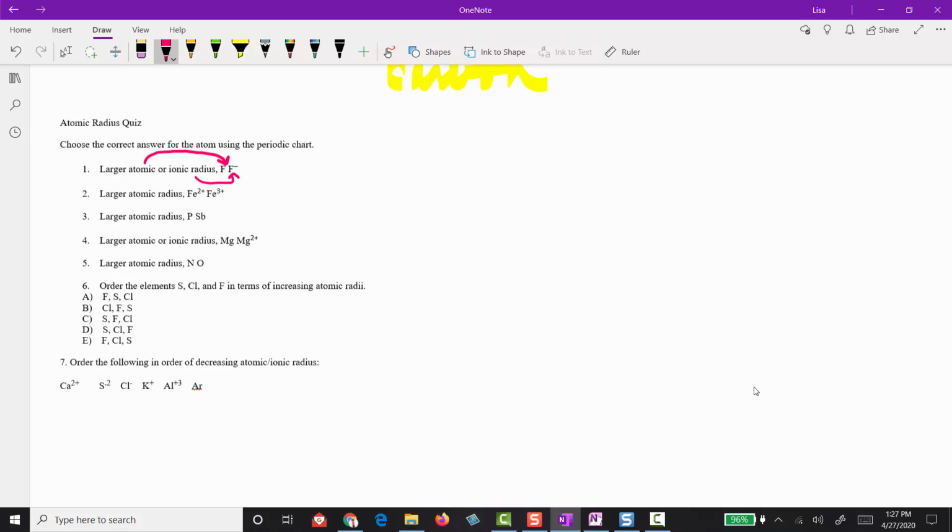So the key thing with this, in comparing an atom to an ion, if we are adding an electron, the ion is bigger.